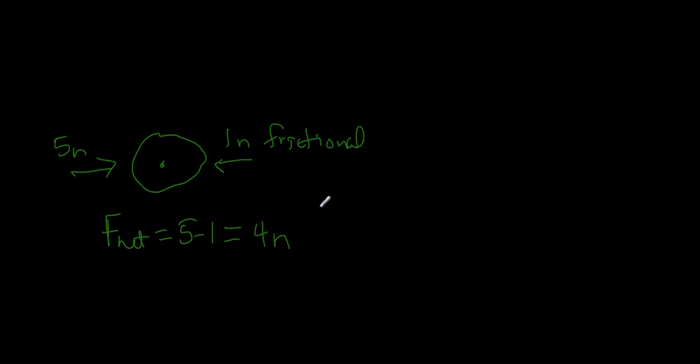We'll assume that going to the right is positive and going to the left is negative, so in this case it's a positive 4 newtons, to make that a vector. If I want to know the acceleration now, my net force is equal to mass times acceleration. My rock didn't change. It still has the same mass, 10 kilograms.